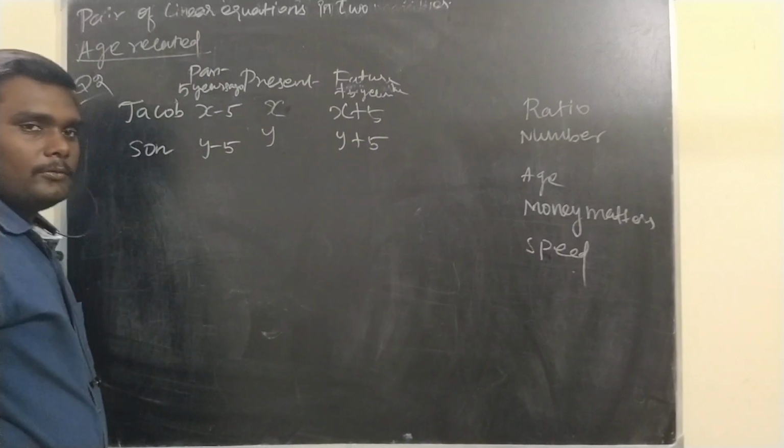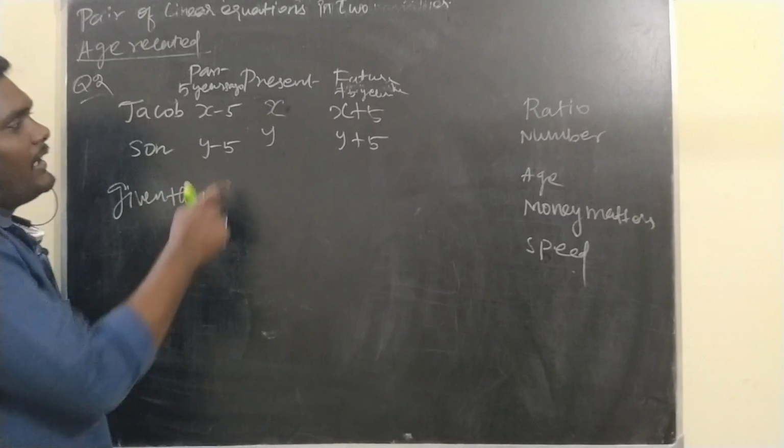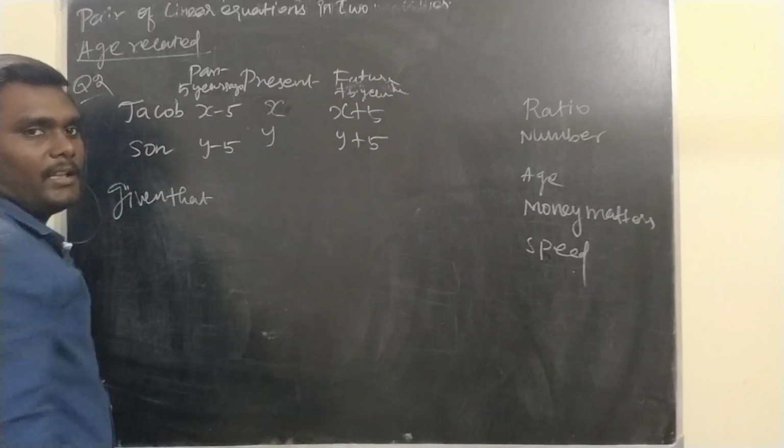Now, they give the relation between the ages 5 years ago, and the relation between the future ages.